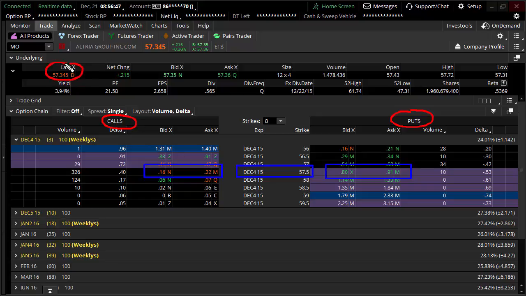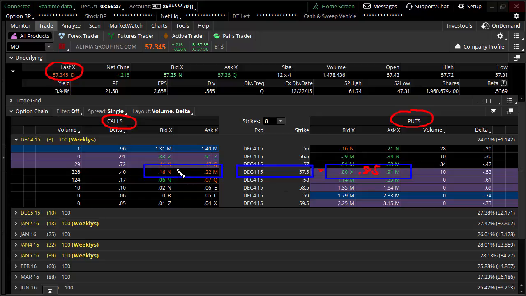The stock is currently sitting at 57.34. That means these puts are in the money by about 15 cents. Did you notice though that the puts are trading for a mid price of about 85 cents?